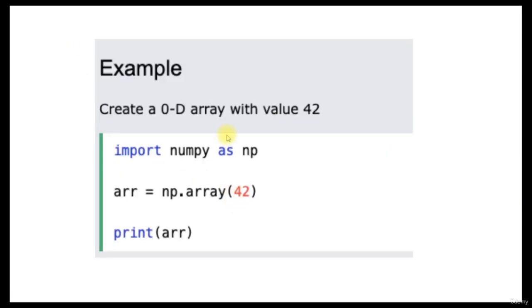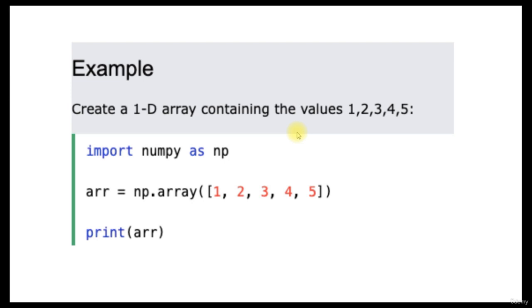Now to create a 0D array with one value, a 0D array or a scalar is just one single value in NumPy. So we can call np.array and just pass this one single value, and this will create one simple 0D array in NumPy. So now let's take one more example and see how do we create a 1D array.